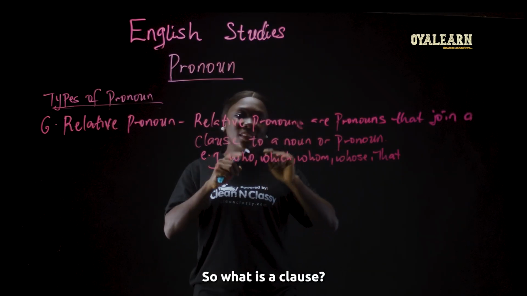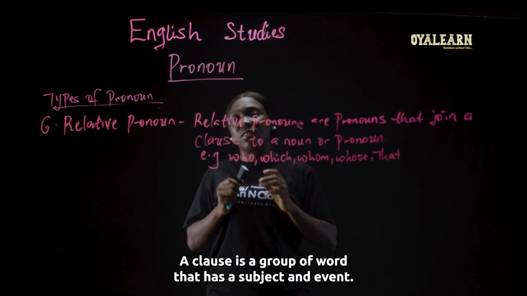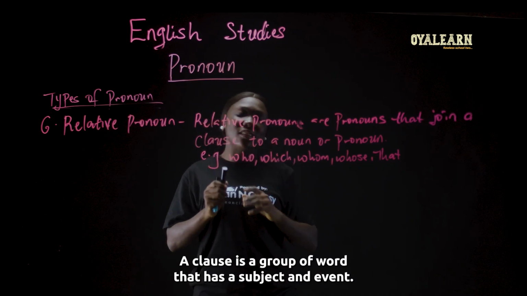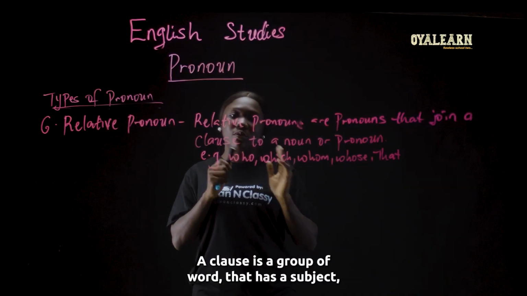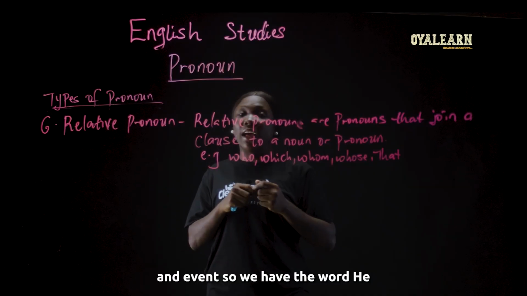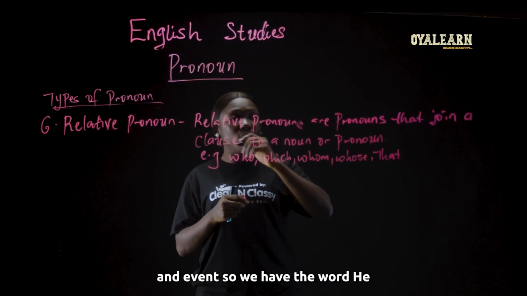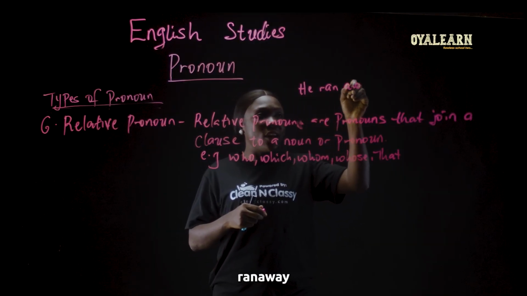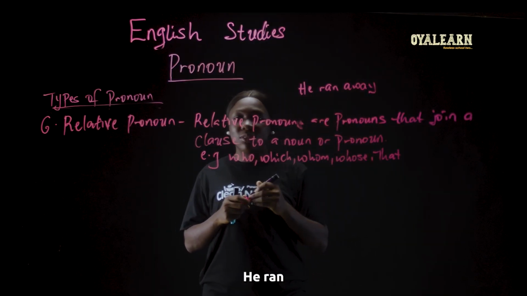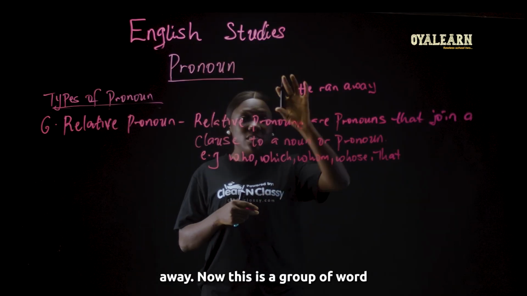So what is a clause? A clause is a group of words that has a subject and a verb. So we have the words, he ran away. Now this is a group of words.